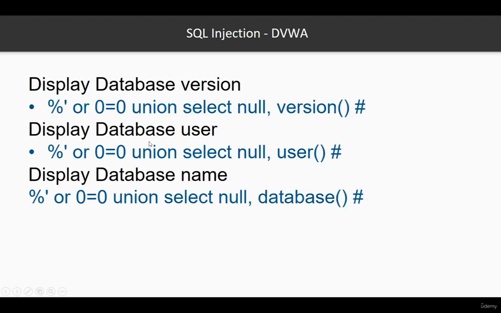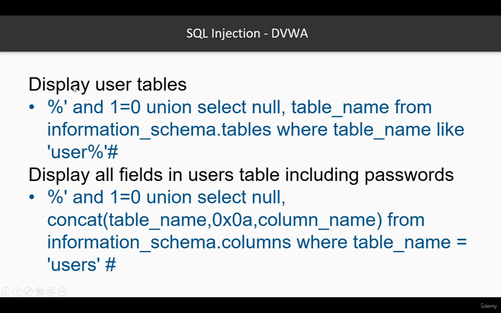Some of the other commands that you could use, I'm not going to go through all of those, but you can definitely go ahead and test this on your DVWA. We could display the database version, the database user, the database name, or we could display all of the tables, and we could display all the fields in the users table, including their passwords.